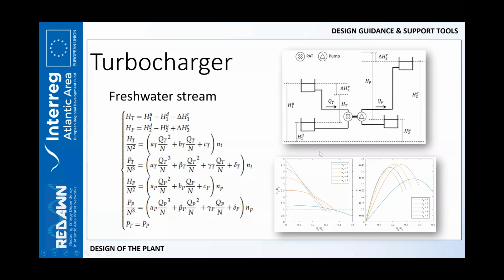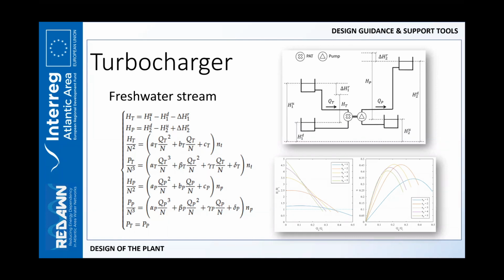These are the equations that regulate the system. As you can see, the rotating speed, whose symbol is n, is not fixed, but depends on the conditions of the system itself.